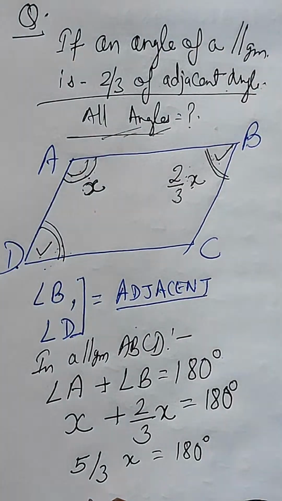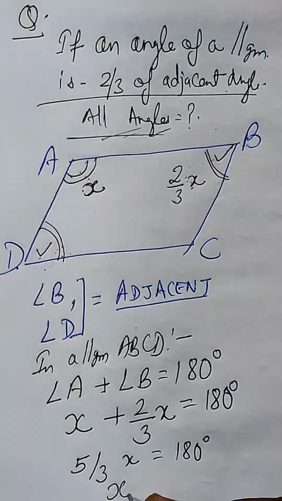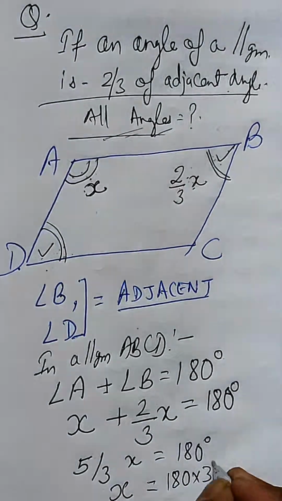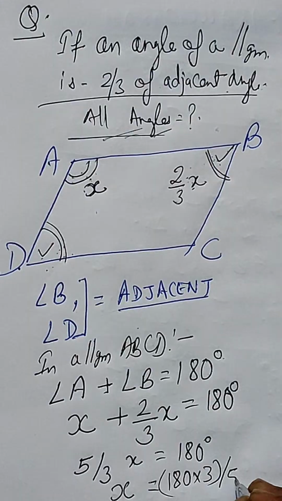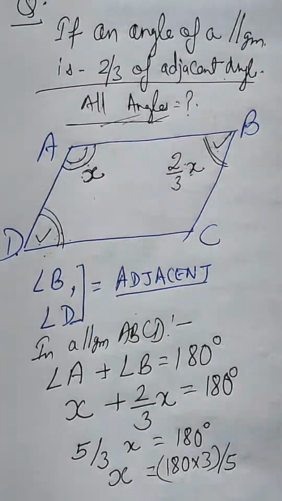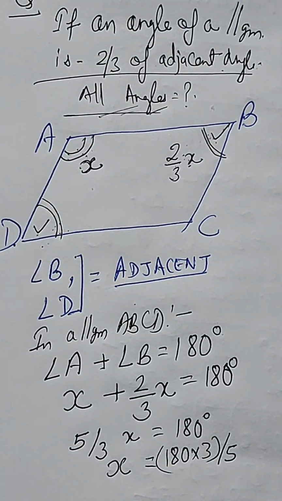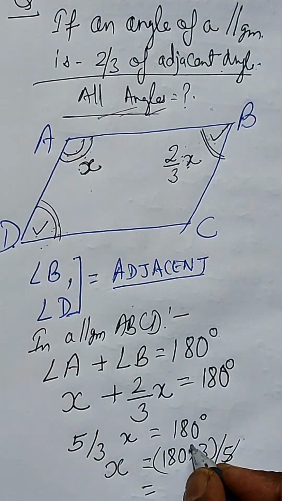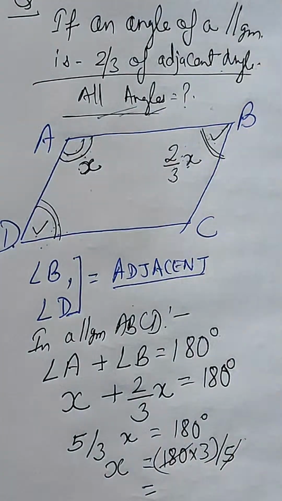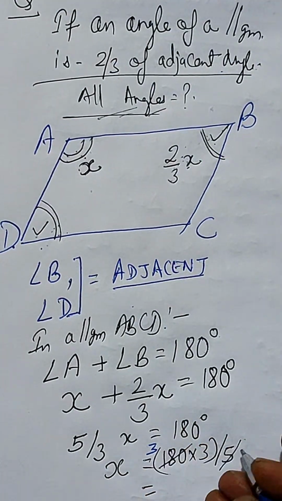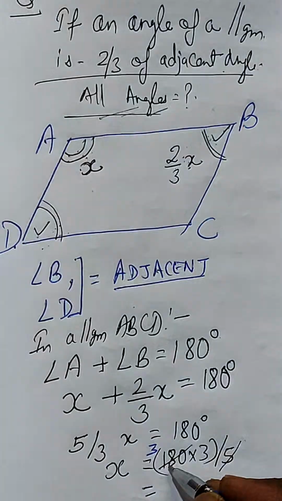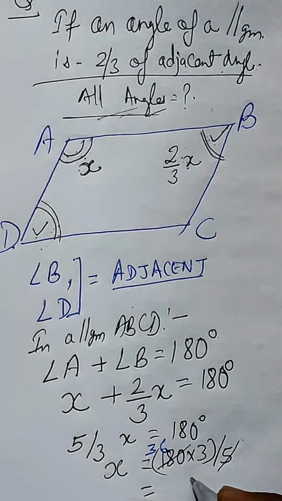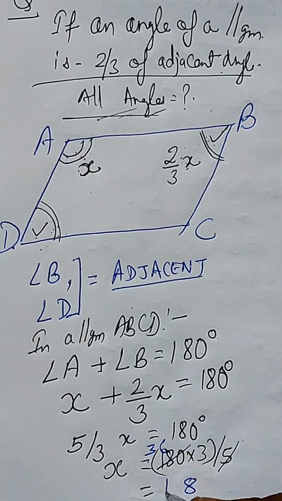This will give you the value of x as 180 into 3 by 5, right? In 180 from 5 it will be 36, and 36 into 3 is 108 degrees.